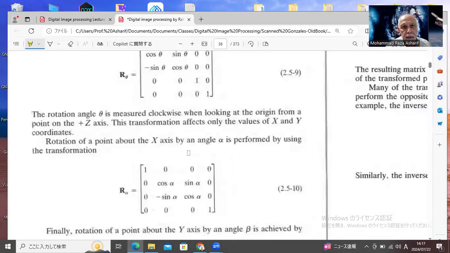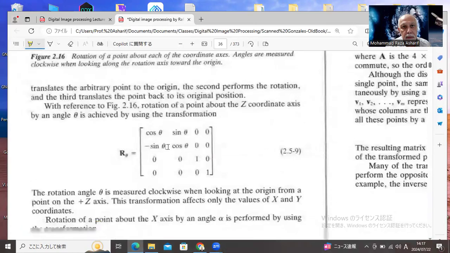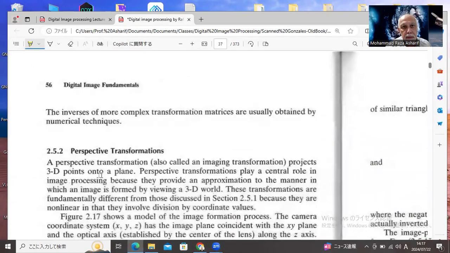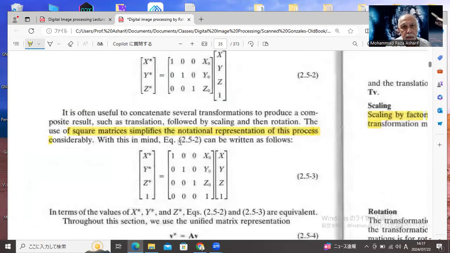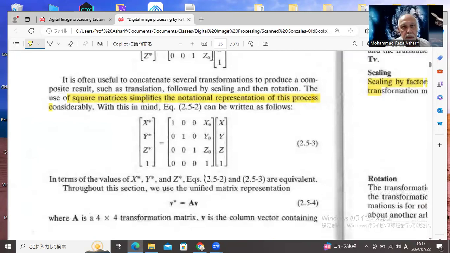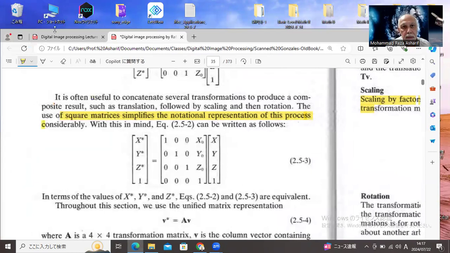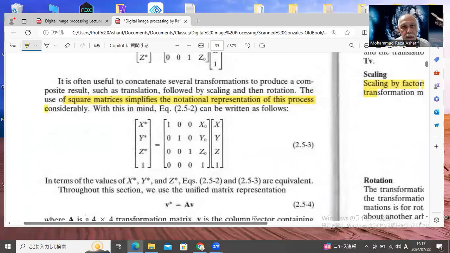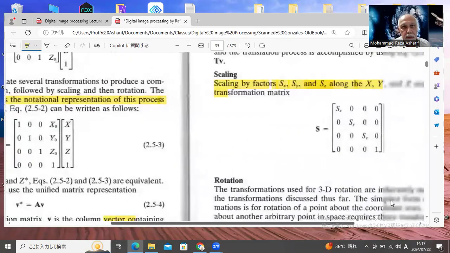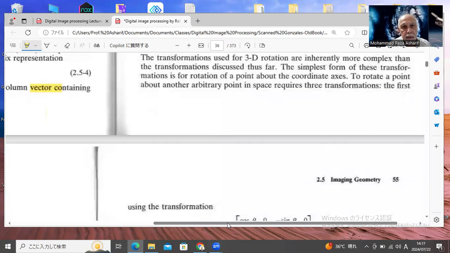So I told you about the rotation and so on. Let me check again for you. What I did for you is here the translation, and here the rotation, scaling, rotation.